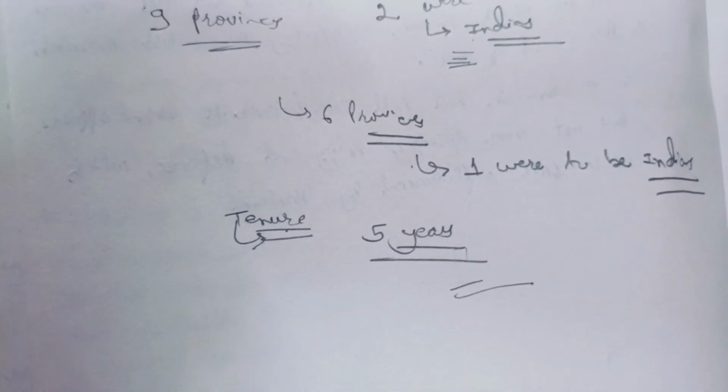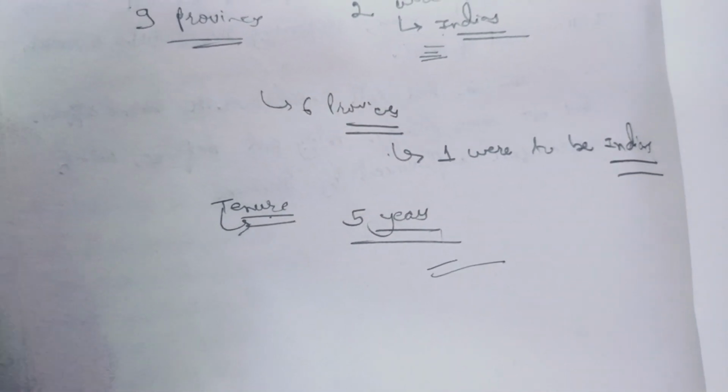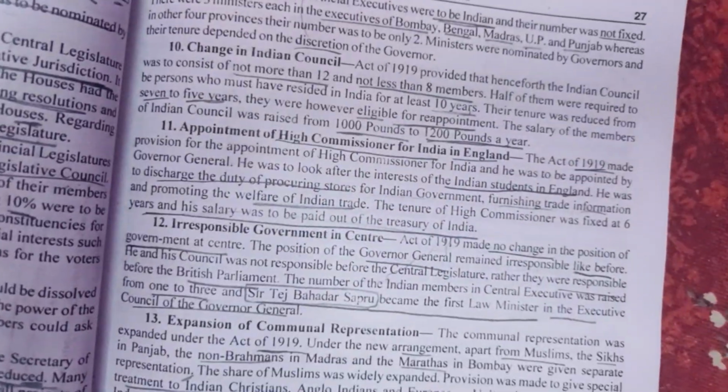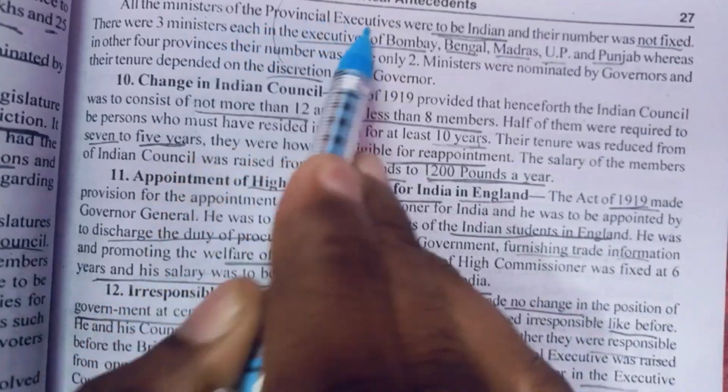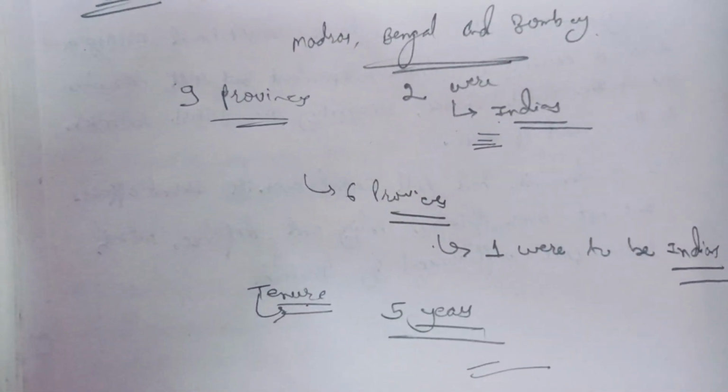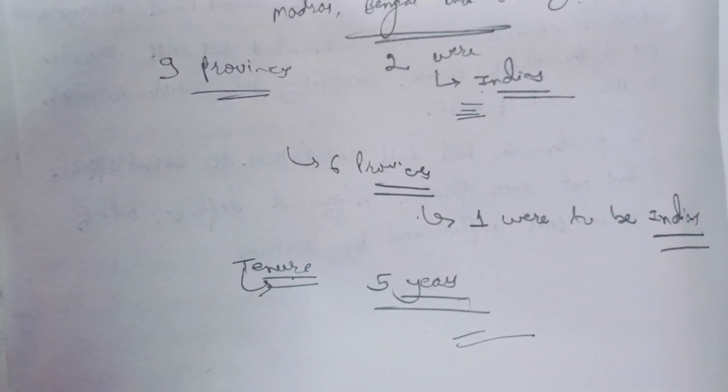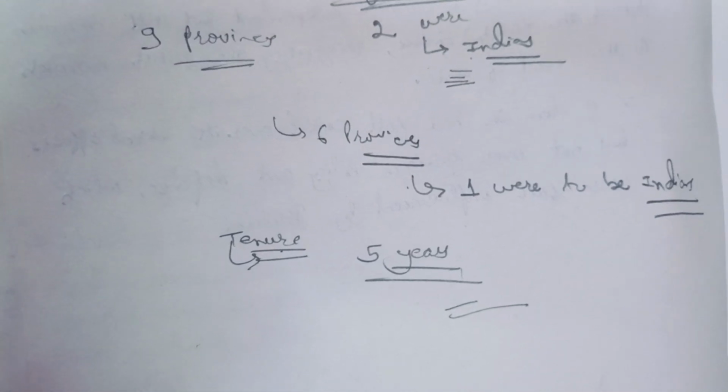Here we were talking about just the provincial executive members, and here we are talking about the ministers of the provincial executives. So they were to be Indians, and the number of members varied from state to state. Basically, their number was not fixed.